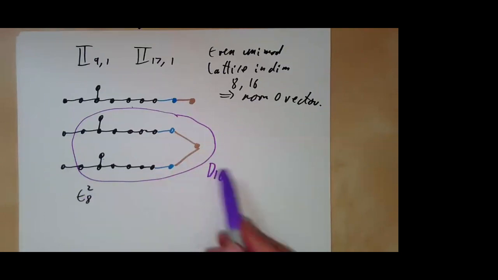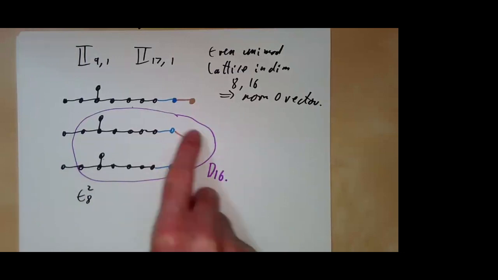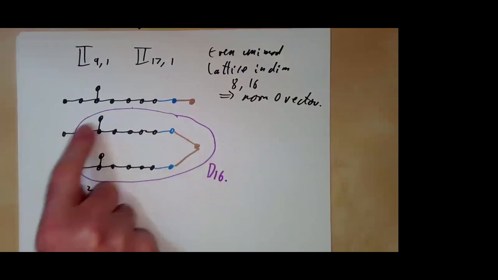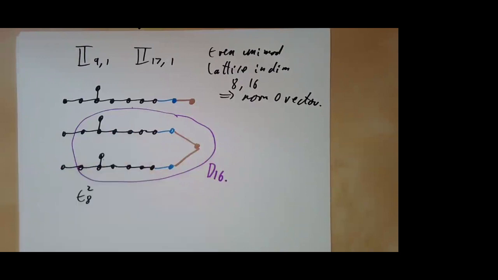The root lattice D16 isn't quite unimodular, but you can make it a bit bigger to make it unimodular. So this is very nice. You can sort of classify unimodular lattices in dimension 16 just by applying Vinberg's algorithm and then just sort of staring at it and finding the Euclidean subdiagrams of it.